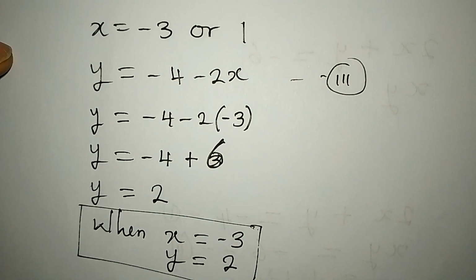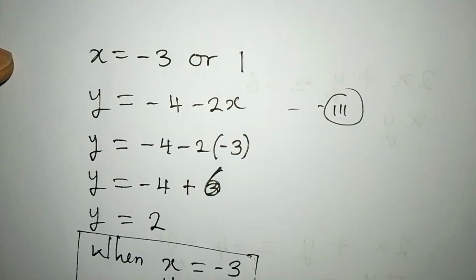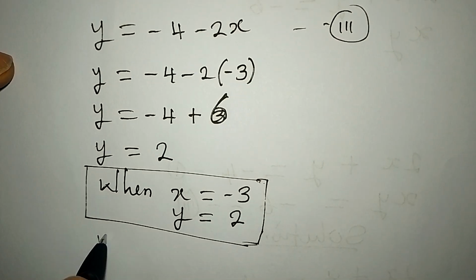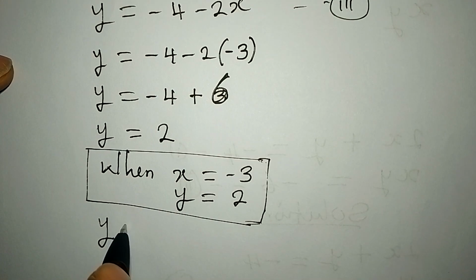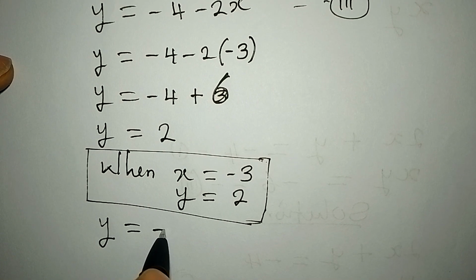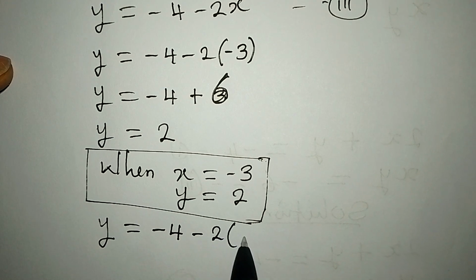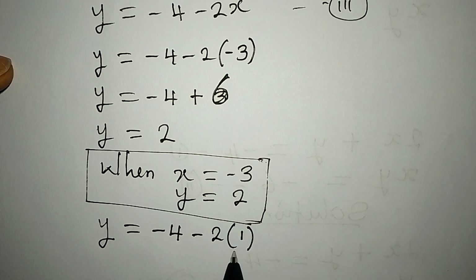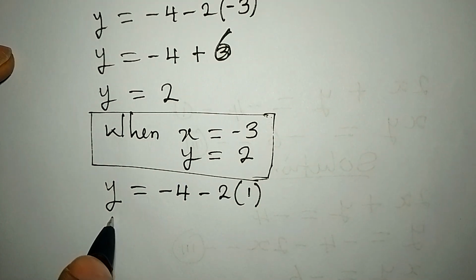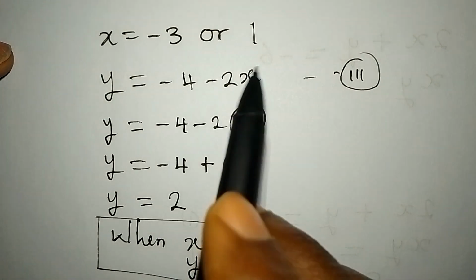Then let's go to the second value of x, which is 1. So this means that y at this point will be negative 4 minus 2 times 1, because x is now 1. Remember, I'm still using equation 3.